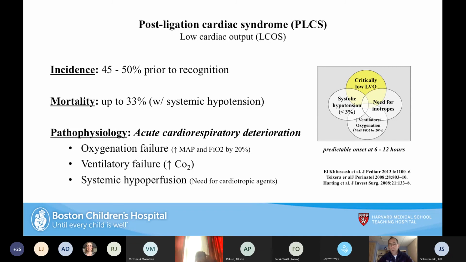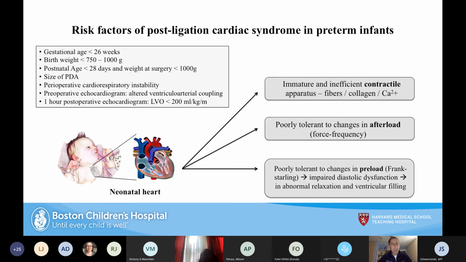This entity was first recognized 10 or 15 years ago by some of the fathers of the field, Shahab Nouri, Patrick McNamara, and it's a pretty predictable onset of 6 to 12 hours. So the question is now, with the introduction of the Piccolo device, do we still see the same impact as we do with definitive ligation?